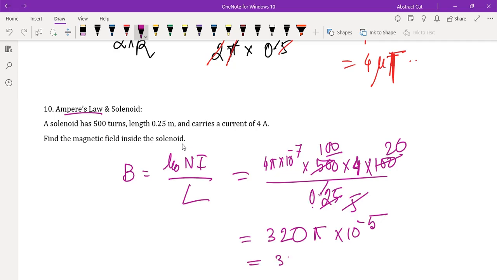So we get 32 pi into 10 to the power minus 4 Tesla. Put the value of pi here and you get the answer: 32 times 3.14 into 10 to the power minus 4 Tesla.